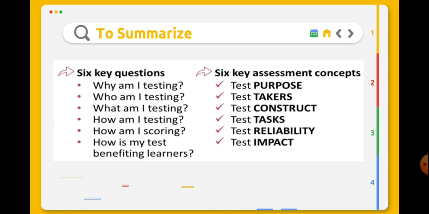So which concept does it refer to? Yes, the correct one is the concept of test impact, because we are looking at the effect of the test in the classroom.